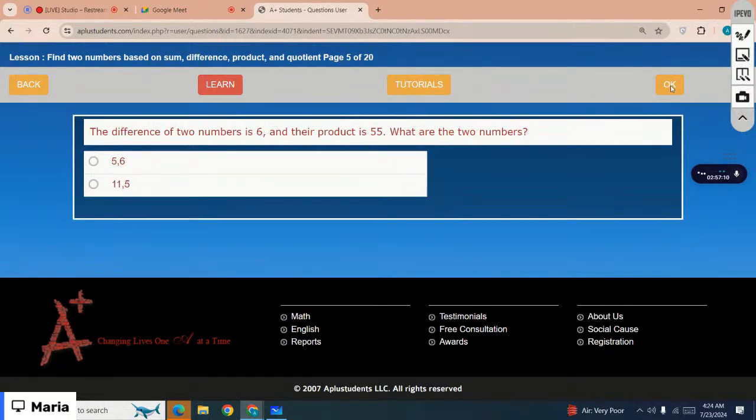The difference of two numbers is 6 and their product is 55. What are the two numbers?